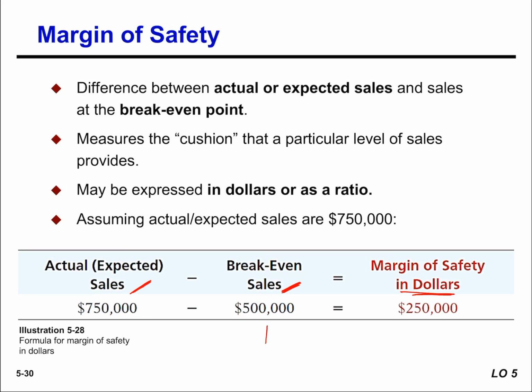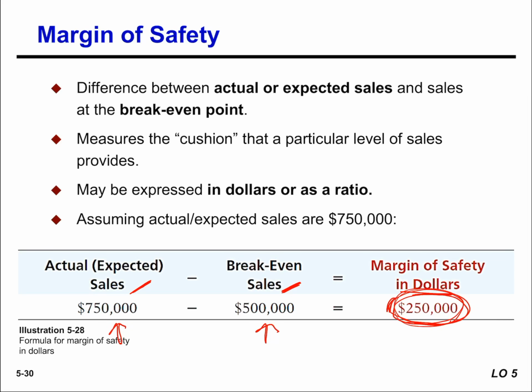So if I'm going to break even at 500,000, but I'm actually at 750,000, that means I have a safety cushion of 250,000. So I could lose 250,000 in sales dollars before I start getting to the point where I would be close to break-even.